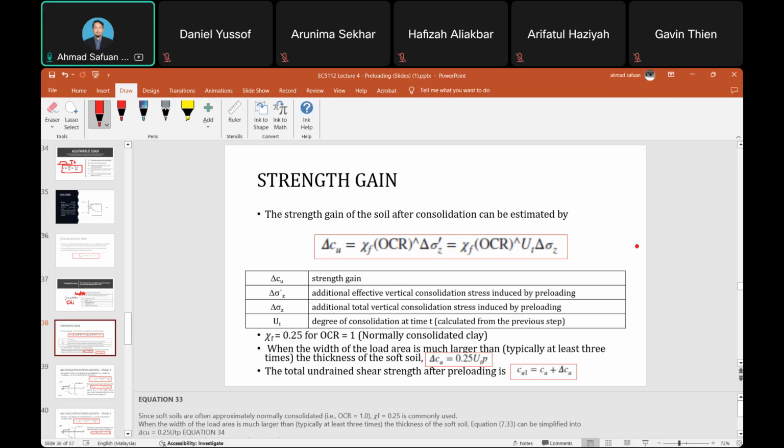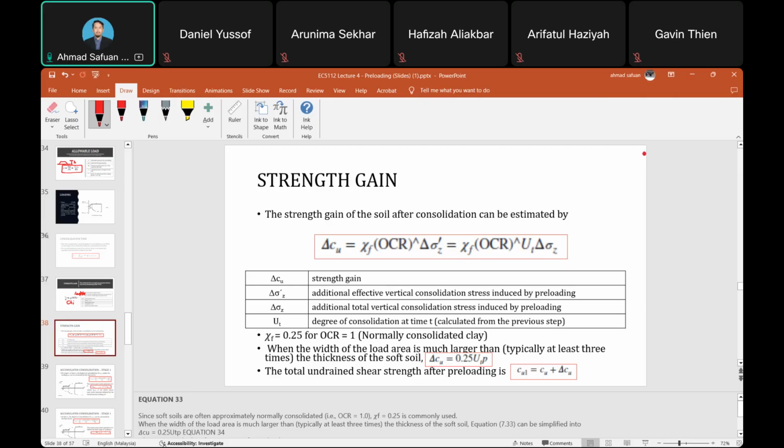The value is equal to 0.25 for OCR 1. When the width of the load area is much larger than the thickness of the subsoil, delta Cu is equal to 0.25 times the degree of consolidation times P. The total undrained shear strength after preloading can be obtained as Cu1 plus delta Cu.